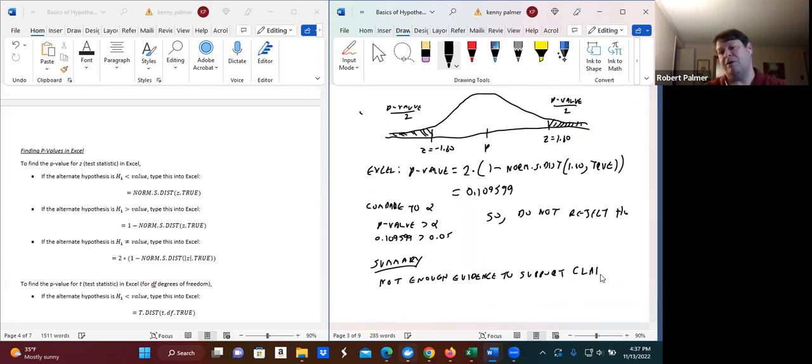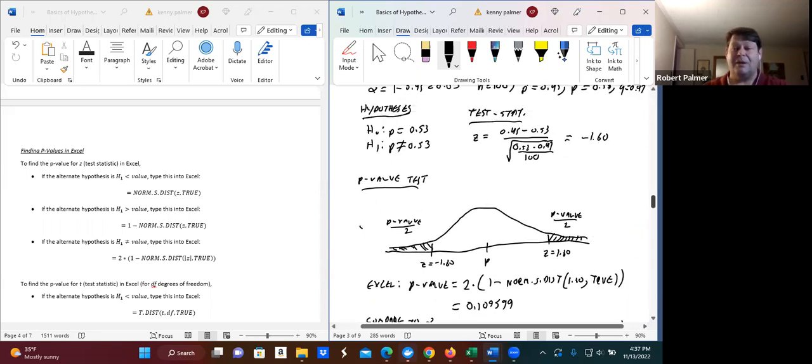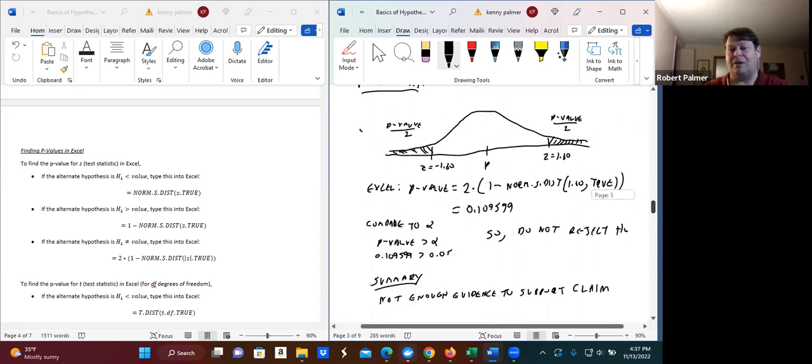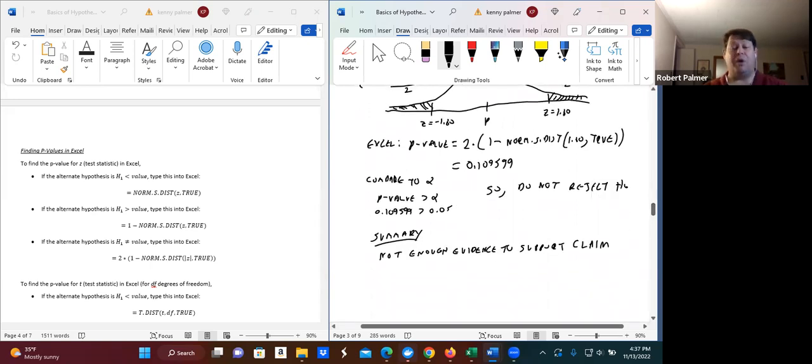And you can even put in more details about the claim. The claim was that the percent of Americans who would vote for the incumbent president is not 53%, and simply there's not enough evidence to support that claim. It doesn't mean that it is 53%, it just means there's not enough evidence to say that there's a difference. So in this case, at 95% confidence.